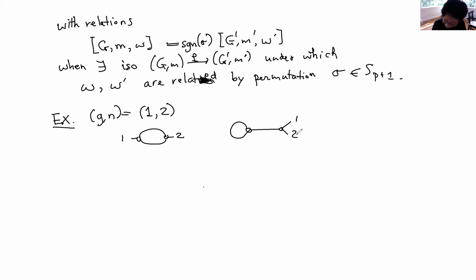I'm trying to draw what the generators of G upper 1, 2 sub 1 might be, because these are the things of type 1, 2 and exactly 2 edges. Now here, the generators up to isomorphism look like this left-hand picture or this right-hand picture, together with an ordering of the edges, like maybe this.